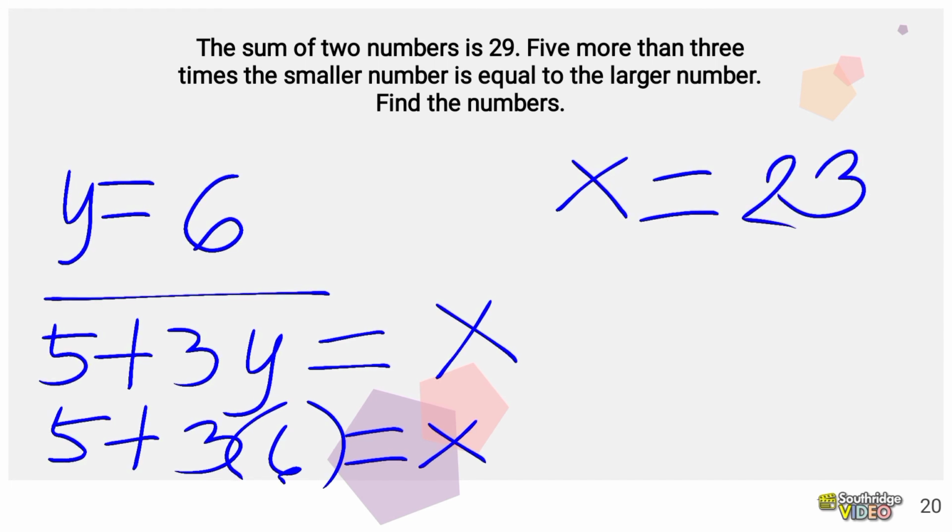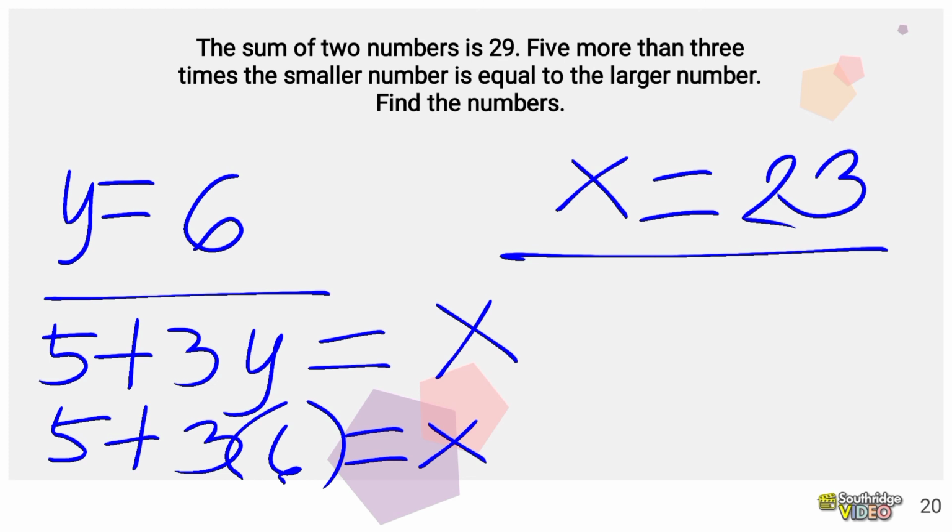We already have the values of x and y. As you observe, if we add the two, the result is 29. And remember our representation a while ago, that x is our larger number and y is the smaller number.